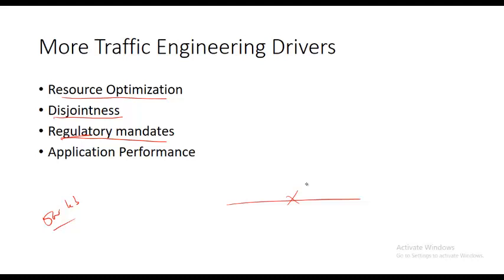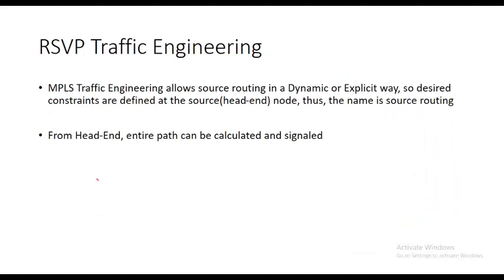Right. So RSVP traffic engineering, MPLS traffic engineering, allows source routing in a dynamic or explicit way. I repeat again, the tunnel in which the packet is going to be placed is determined based on the source.